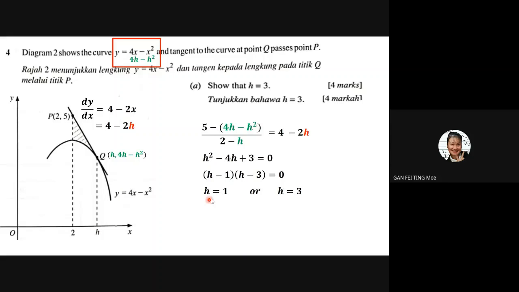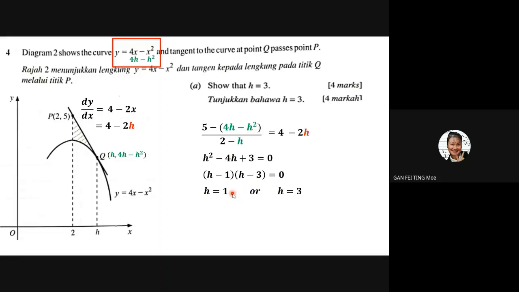Okay, why? Can I have someone to answer this question? Now I'm forming a K-but question. Why is H equal to 1? What can you tell me? Why can H be equal to 1? Who can answer this question?